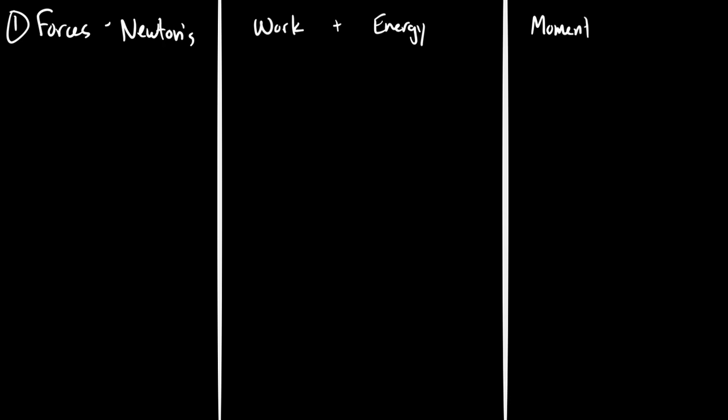Continually go back to something, and I think you should be having a section of your notes that you just call problem-solving skill. And I would arrange it like this, with this first column being forces, Newton's laws, and this being work and energy, and this one being momentum, impulse.